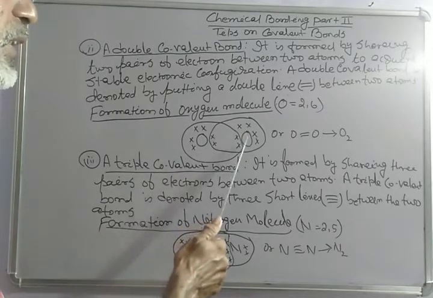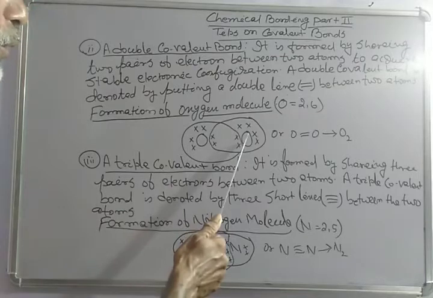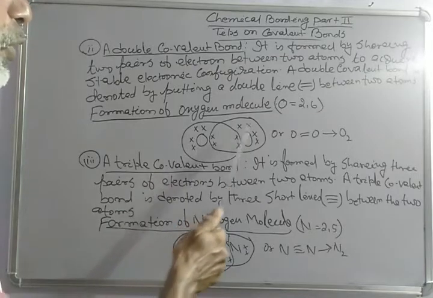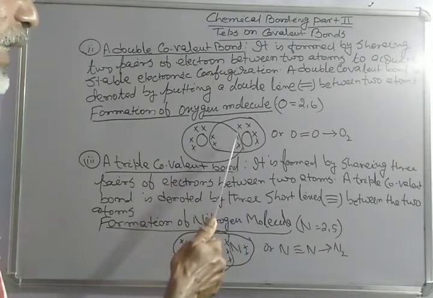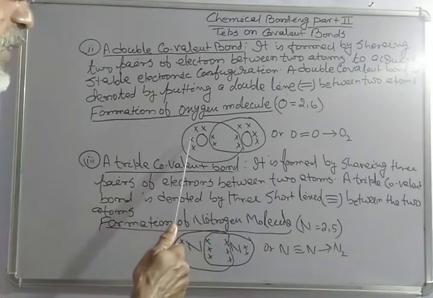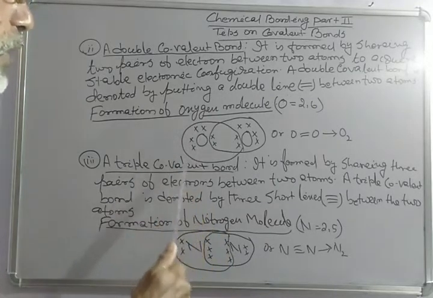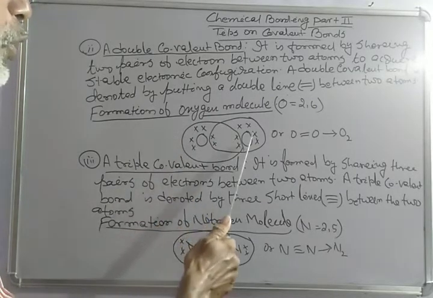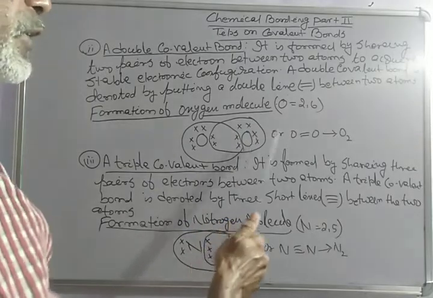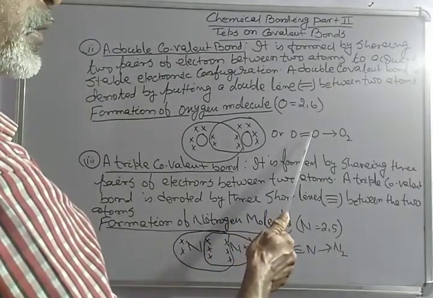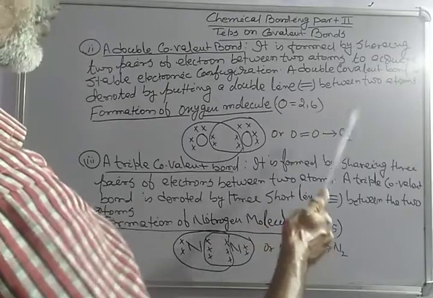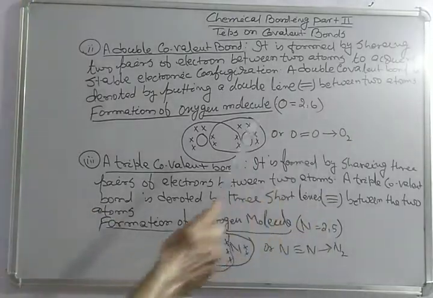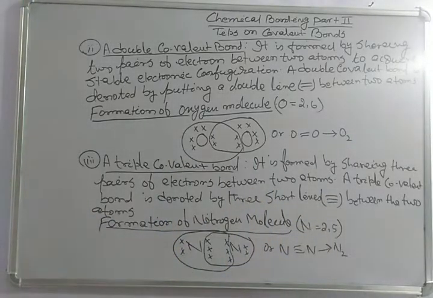Here 6 is there, and these 2 are taken from the other atom, so this forms 8. Again, these 2 are taken by this atom and it also becomes 8. This is by sharing, so O double line O gives you the O2 molecule. This is how the O2 molecule is formed.